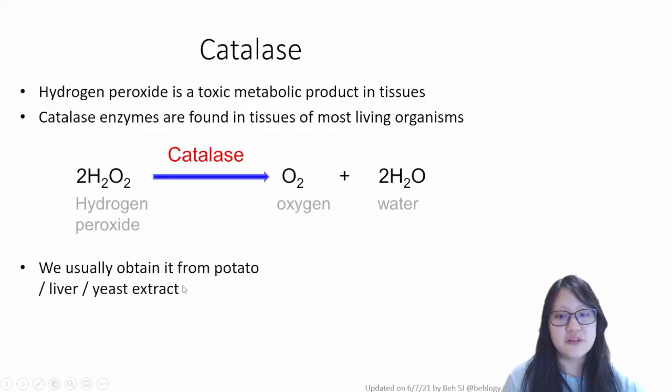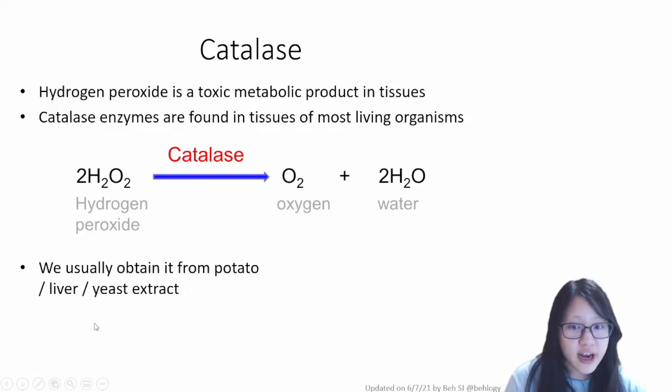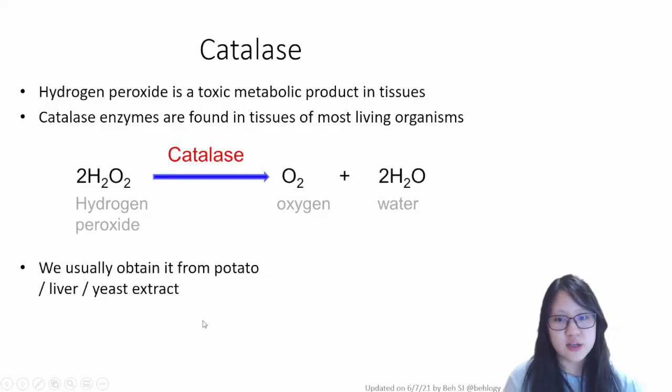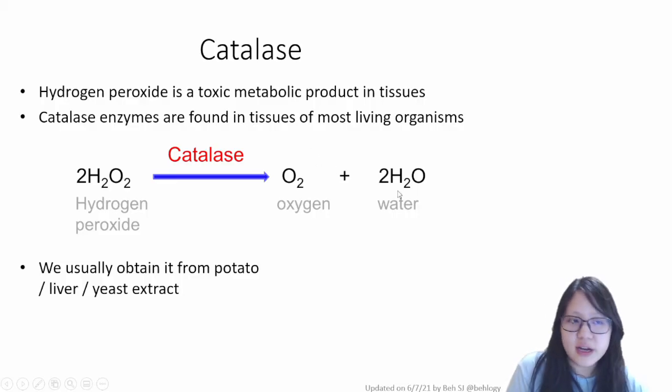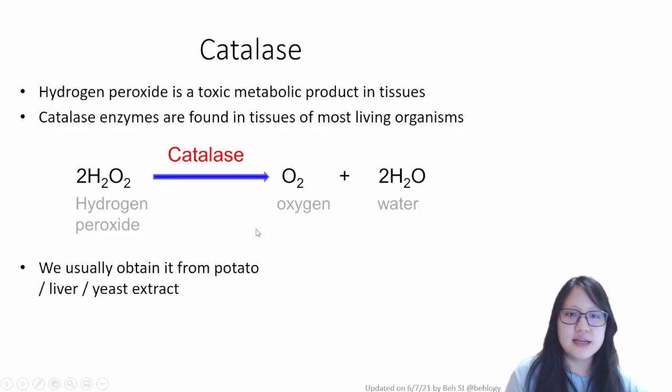And this can be found in potato extract, in liver extract. Okay, so we buy a liver from the market, we blend it, or yeast extract. So all of these organisms, again, most living organisms, have catalase and can convert hydrogen peroxide into oxygen and water.